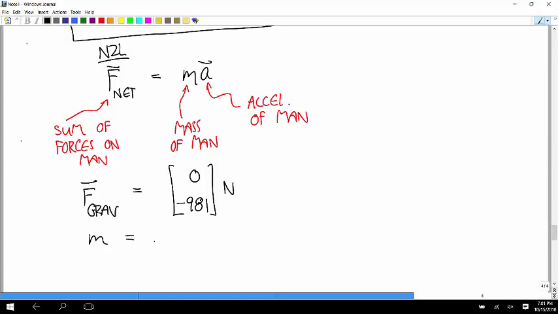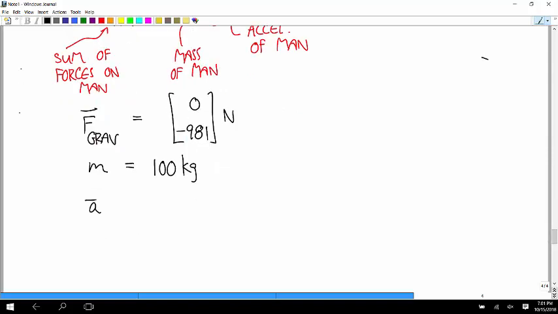The mass is 100 kilograms. And what do we know about the acceleration of the man? That's right. So he's just riding the elevator. So whatever the acceleration is of the elevator, that's the acceleration of the man. So this is equal to 0, negative 2 meters per second squared.